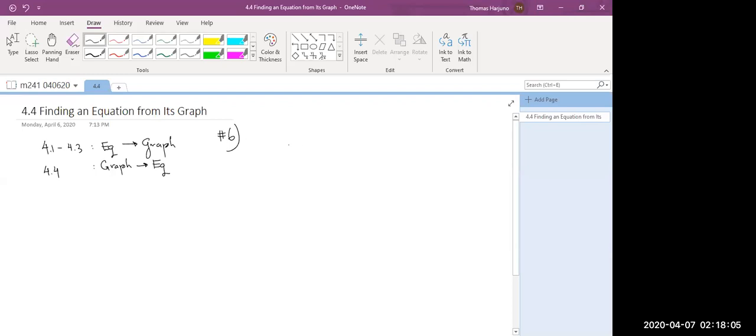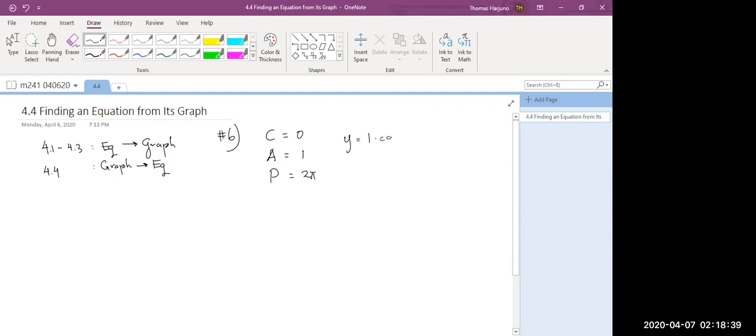Number 6. Let's see what we need to know before we get the equation. First, what's the center for number 6? 1. Are you sure? Actually 0. How about the amplitude? 1. How about the period? 2 pi. So our function will have amplitude 1, and is the graph sine or cosine?